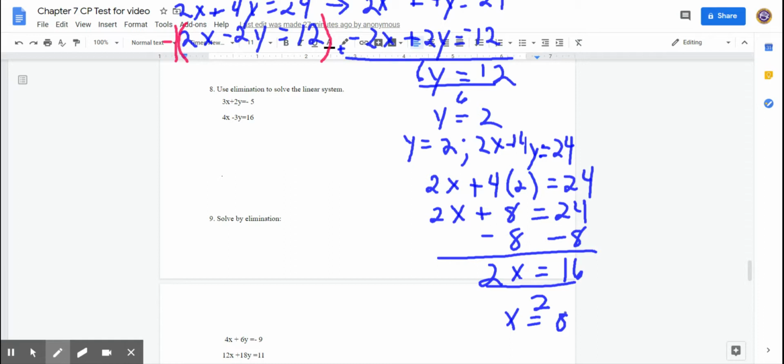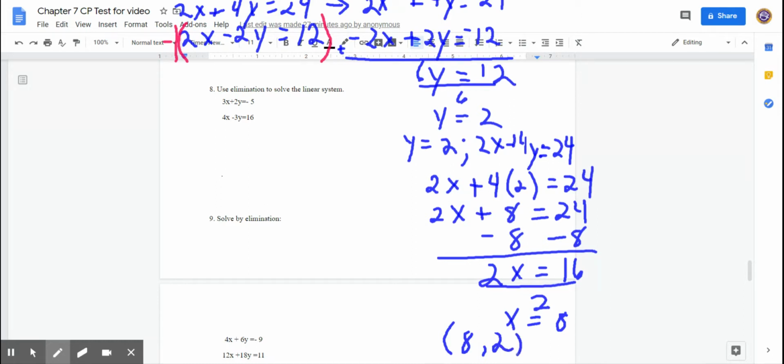8, comma, 2. Okay, so there's your ordered pair. X is 8 and y is 2.